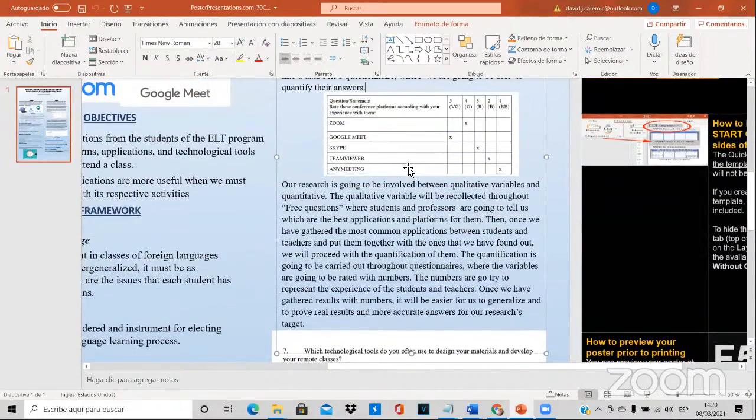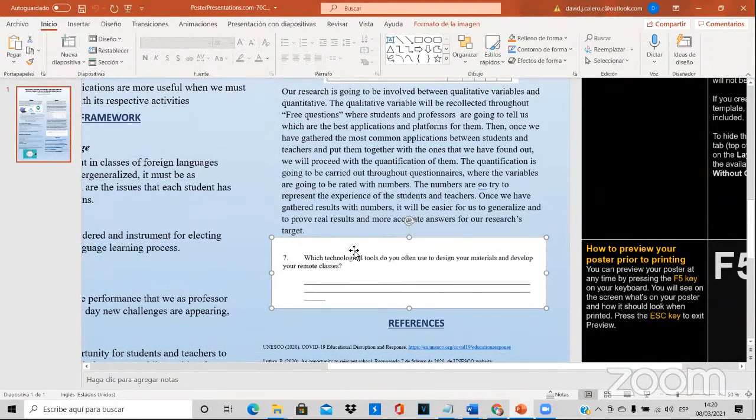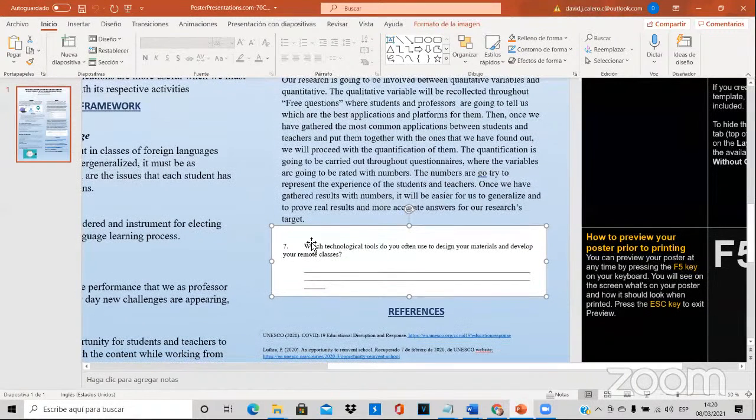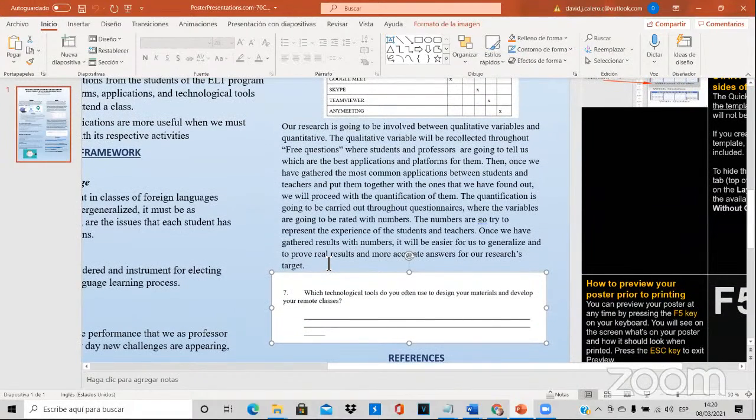That is the quantitative side, and the qualitative side, which we consider really important, is the open questions. Here we have an example: which technological tool do you often use to design your materials and develop your remote classes?